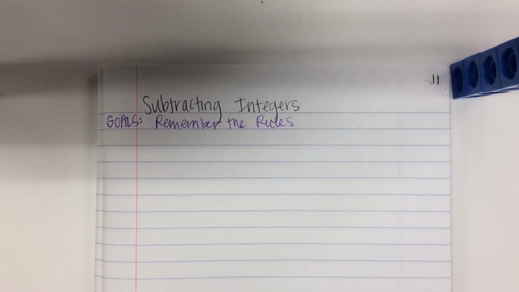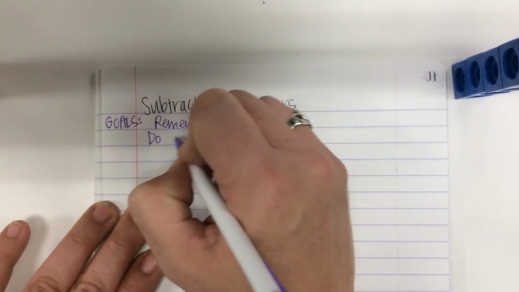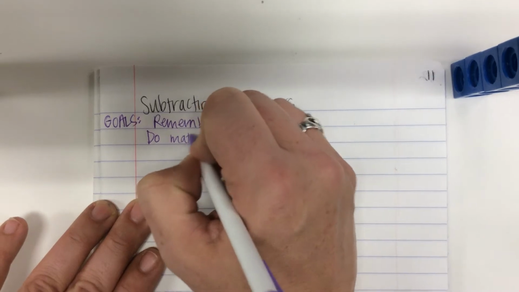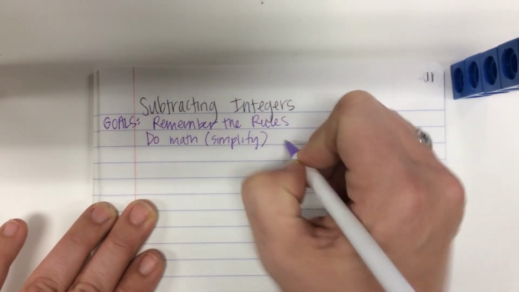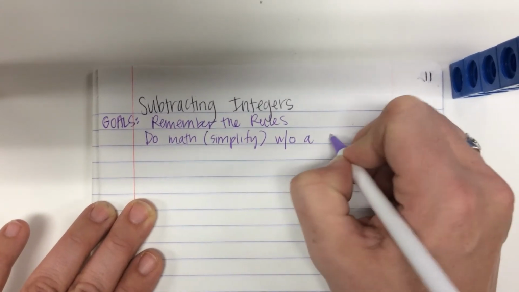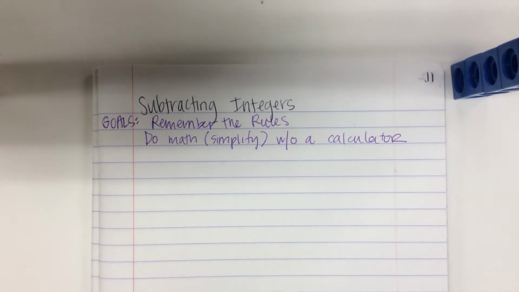And the second goal, after we remember the rules, is to do the math, which is simplify, without a calculator. Because if you can do the math without a calculator, that means you can reason if your answer makes sense.